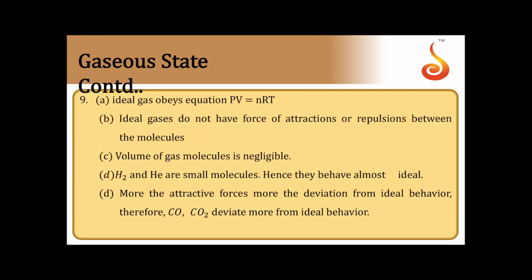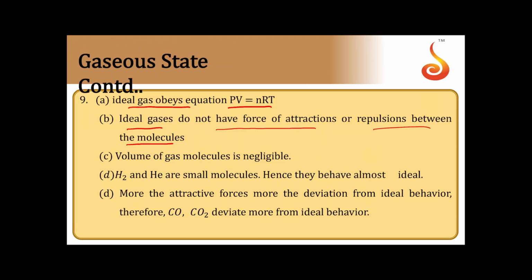Then comes the properties of ideal gas and that of real gas. Ideal gas always obeys the basic gas equation, which is PV is equal to nRT, under all conditions of temperature and pressure. Ideal gases do not have forces of attraction or repulsion between the gas molecules.